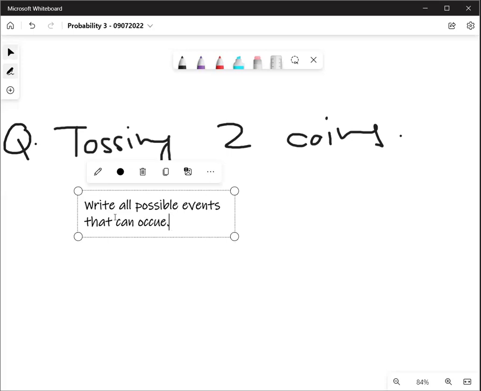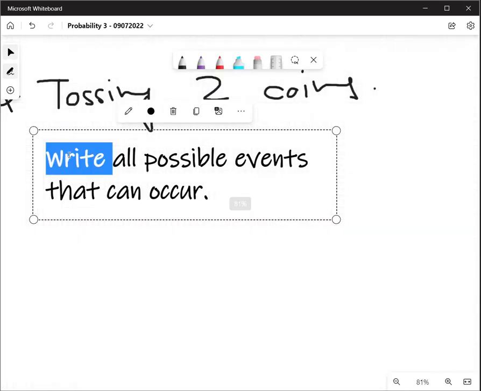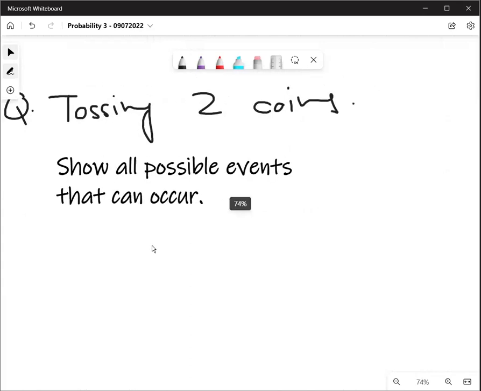It can be both tails, both heads, or one head and one tail. Instead of writing, let's just show all the possible outcomes.